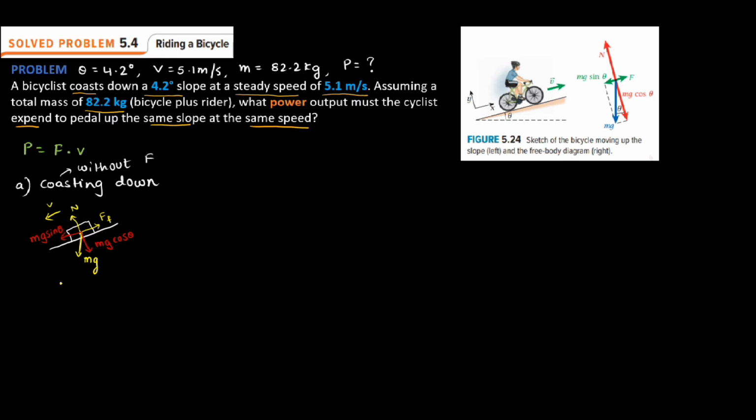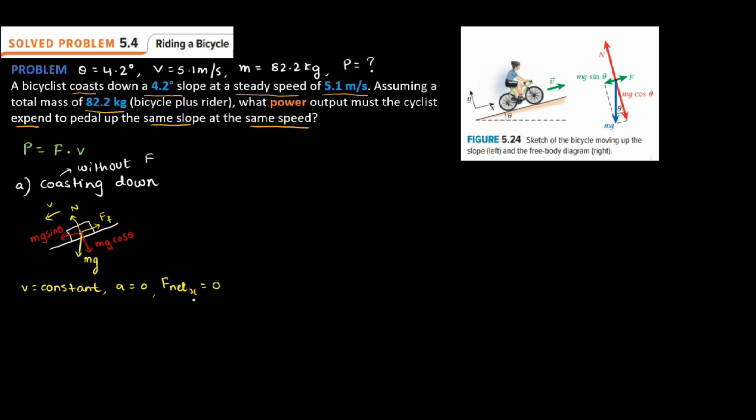If the speed is constant, or steady, that means my acceleration will be zero. And if your acceleration is zero, that means the net force acting along the x-axis will also be zero.